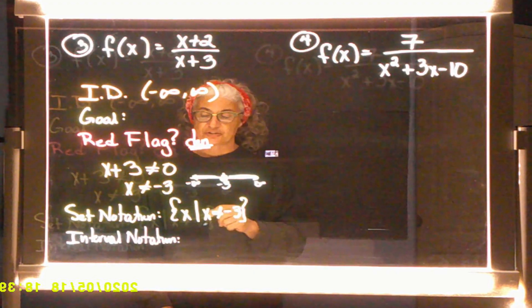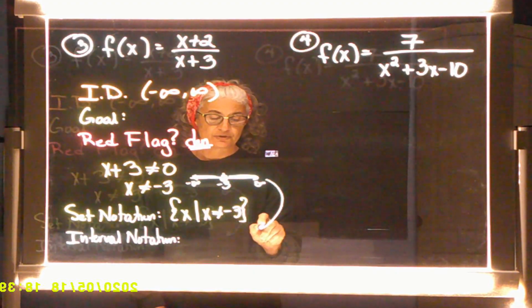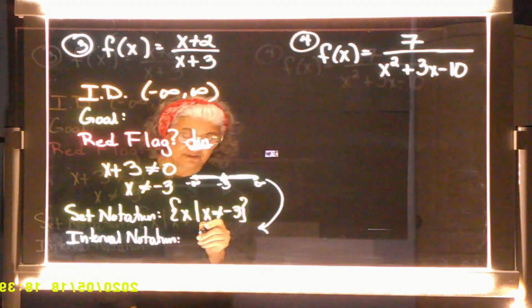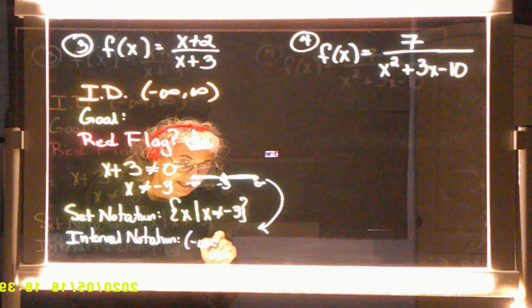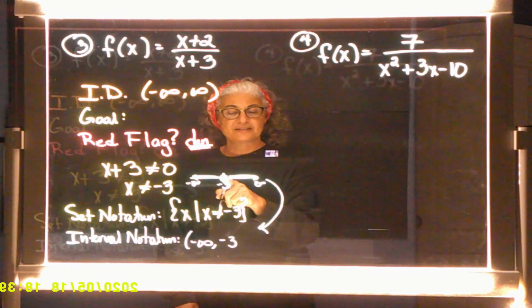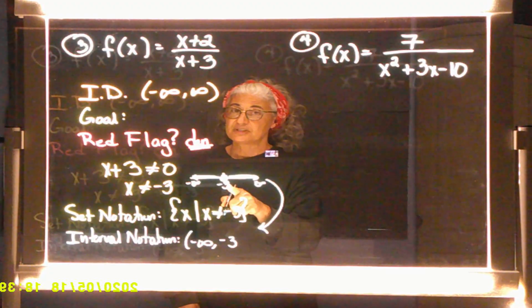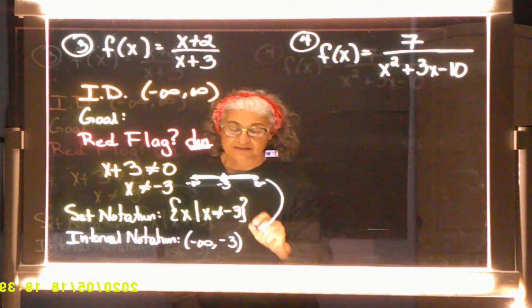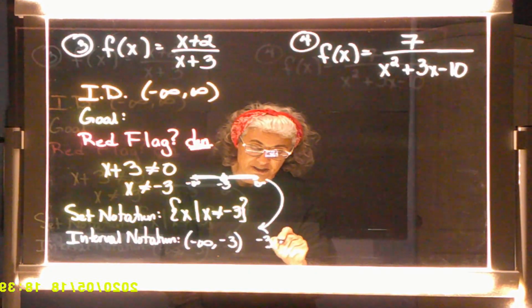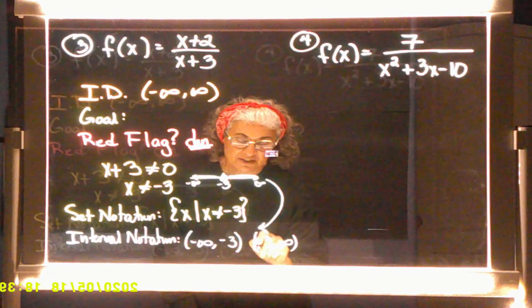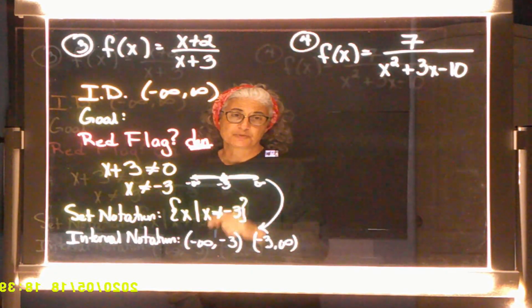Good? So when it comes to the interval notation, the shading says I can start at negative infinity and I can go up until negative 3. And since a negative 3 has an open circle, that's right, you put a parenthesis. And the shading picks up at negative 3, believe it or not, and goes all the way to positive infinity. And still a parenthesis on that negative 3 because there's an open circle.